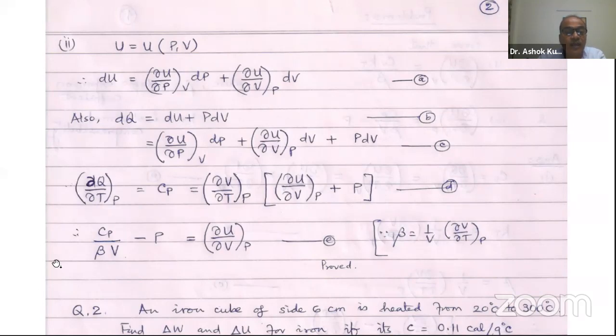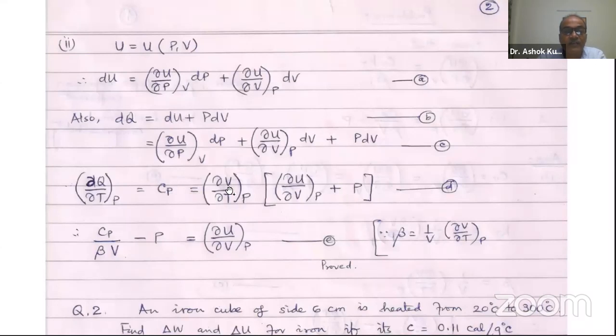You know that if it is true for dQ, it is true for del Q also. So we divide by del T at constant pressure. Del Q upon del T at constant pressure is nothing but Cp, the specific heat at constant pressure.